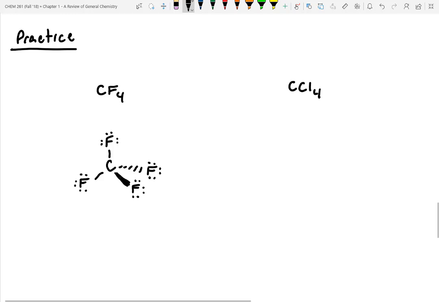All right, is there an overall net dipole? I don't think so. They cancel out, right? They're pulling in opposite directions. So I would say no net dipole. What's the intermolecular force going to be between multiple molecules of CF4? Dispersion.